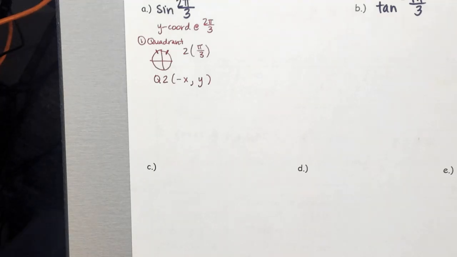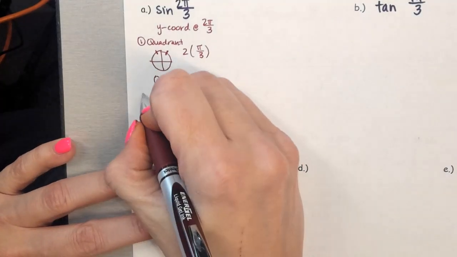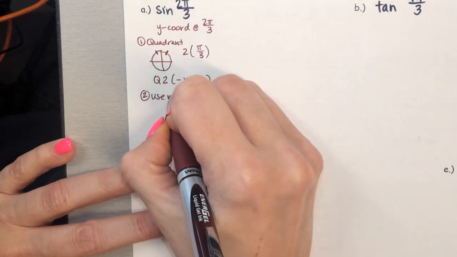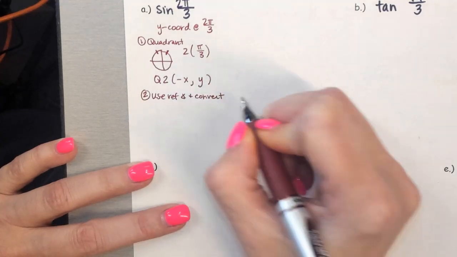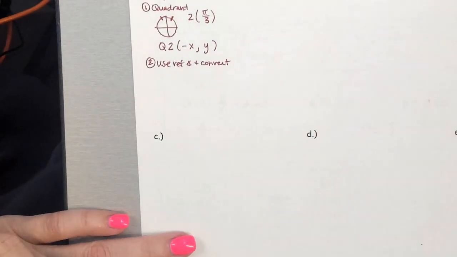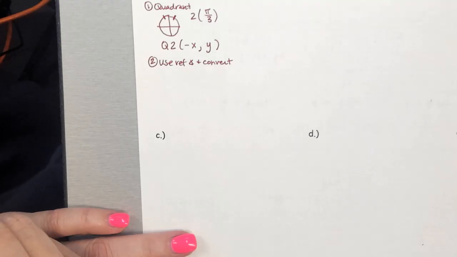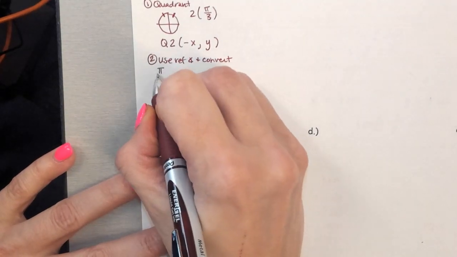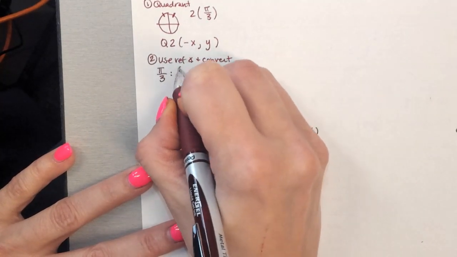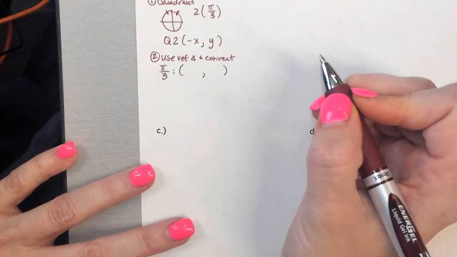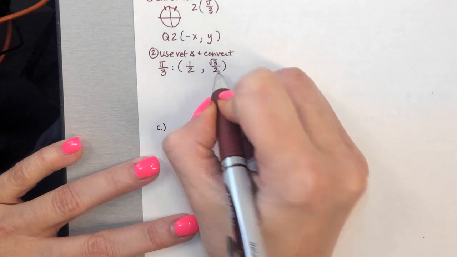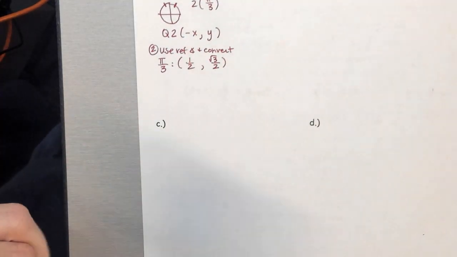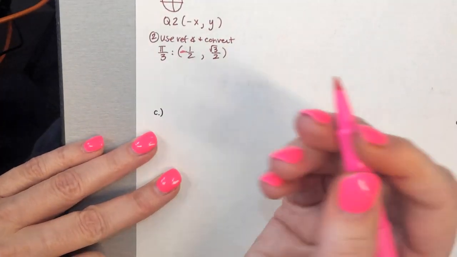The second thing you can do is you can use your reference angle. Okay, and then you can convert it to that point. So if you know that pi over 3 is this point of 1/2, root 3 over 2, then when you convert it, you're just going to make the x negative.